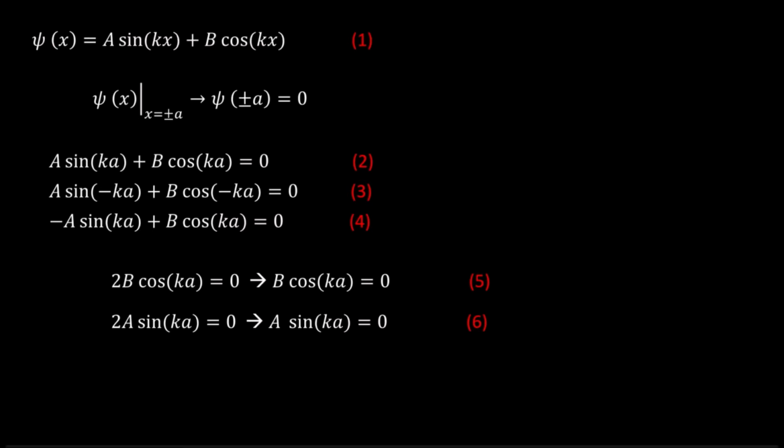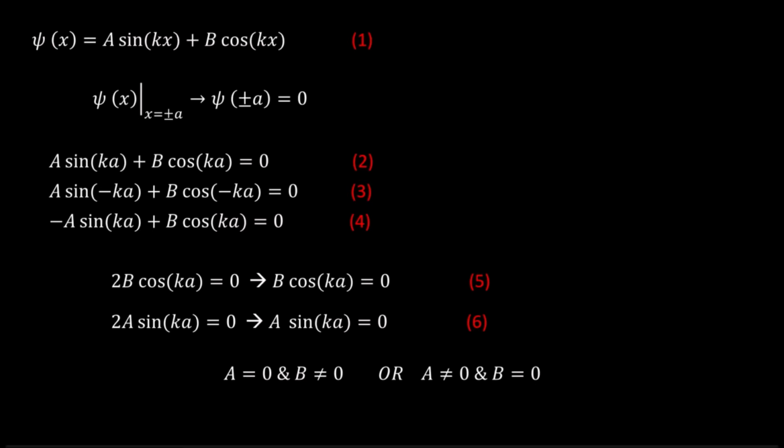But in this case we know that the particle is inside the well and hence its wave function must not be 0. The other possibilities are A equal to 0 and B not equal to 0, or A not equal to 0 and B equal to 0.